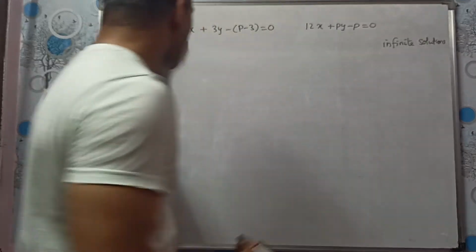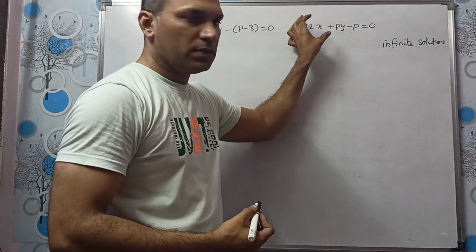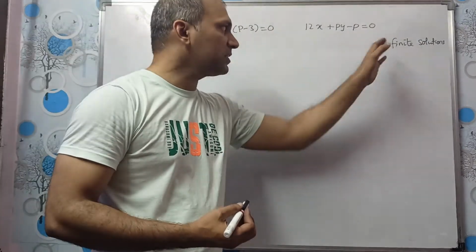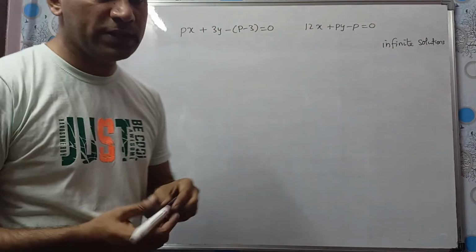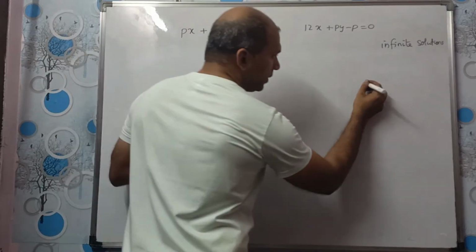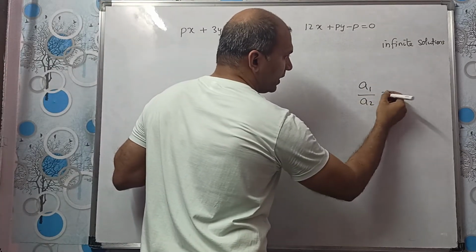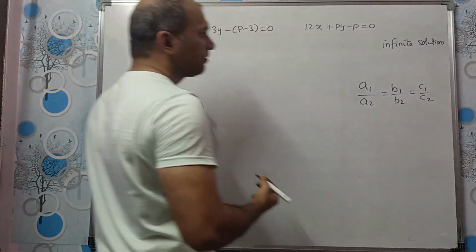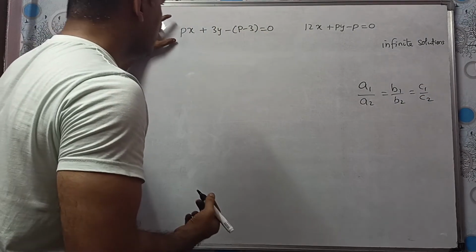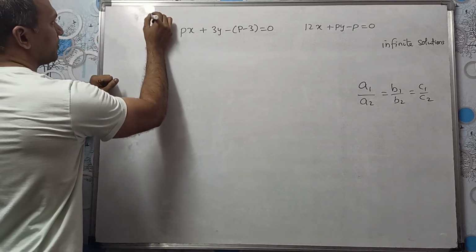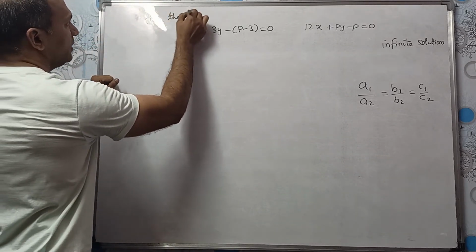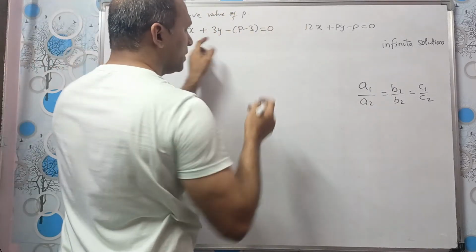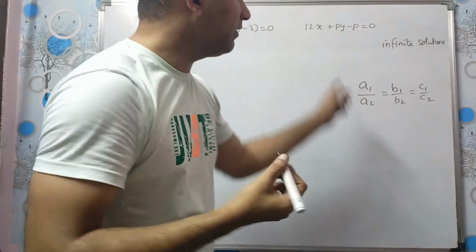Okay. We have two equations, and it is given that these two equations will have infinite solutions. That means these two equations are coincident. Okay. Now for coincident, we have studied that A1 by A2 is equal to B1 by B2 is equal to C1 by C2, right? And the question was, find the positive value of P for which these two equations will have infinite solutions.